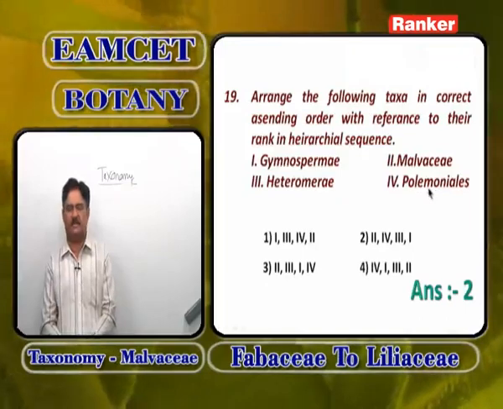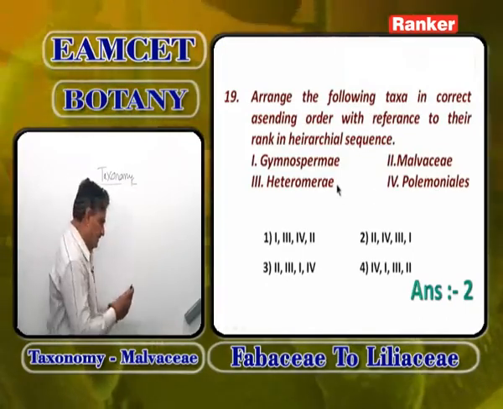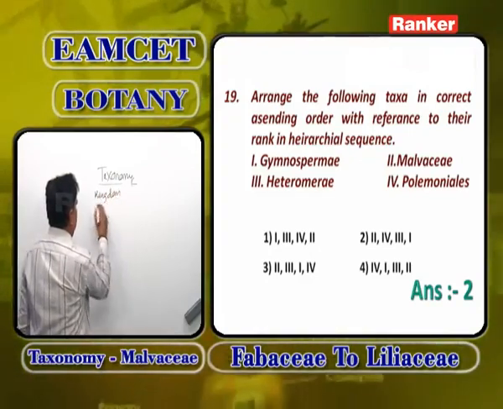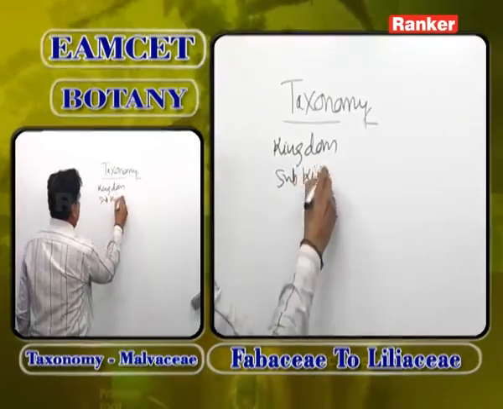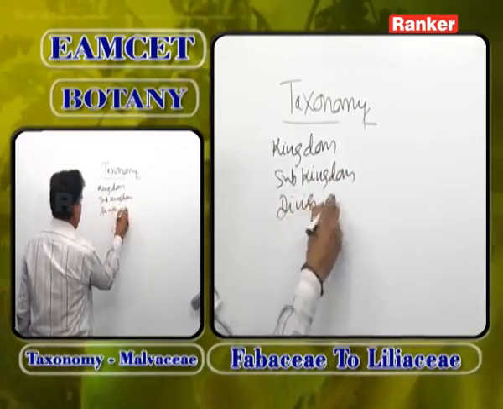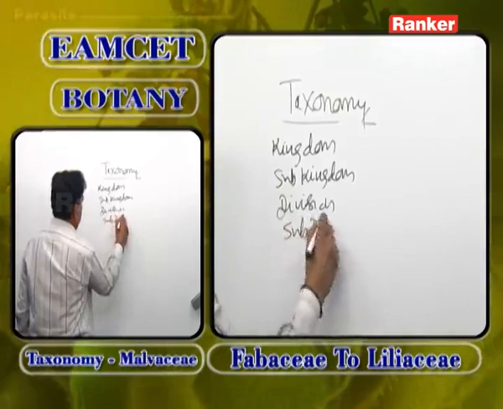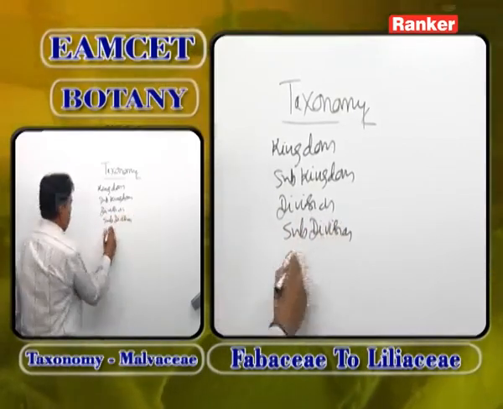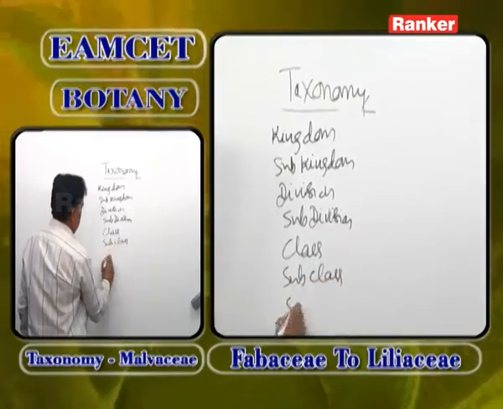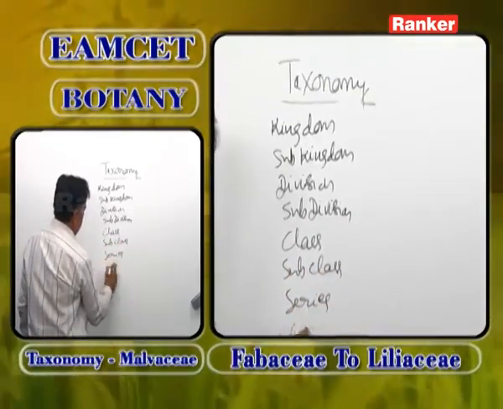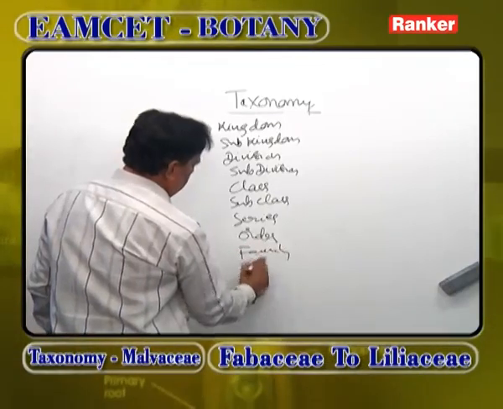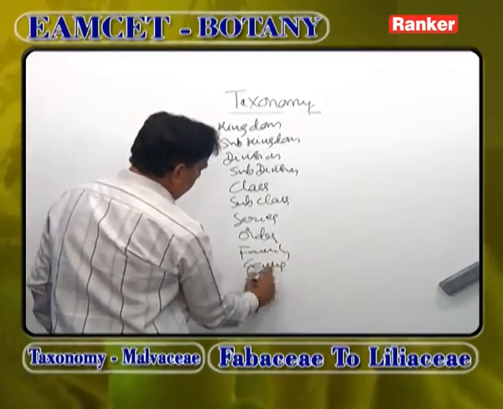Then 3 is Heteromerae, the series, because in a classification system it is written as kingdom, subkingdom, division, subdivision, class, subclass, series, order, family, genus and species.